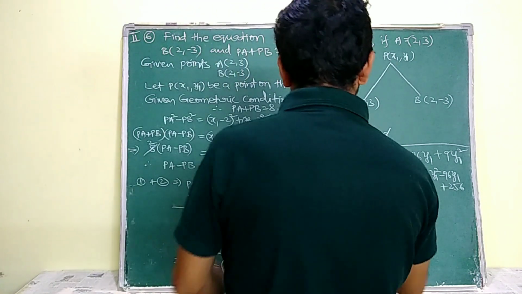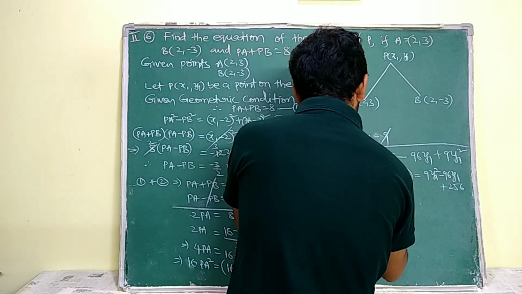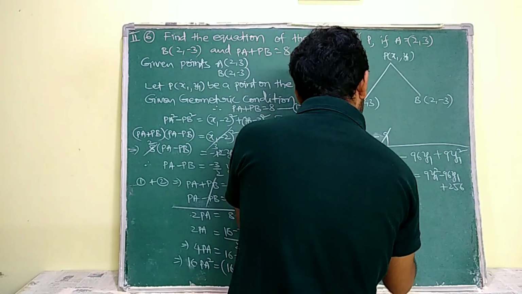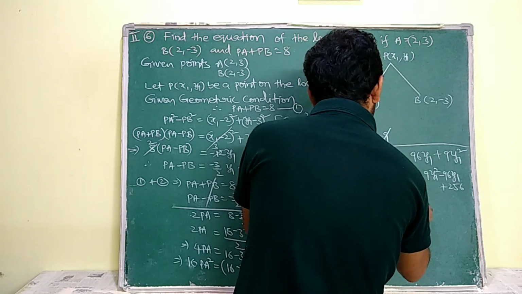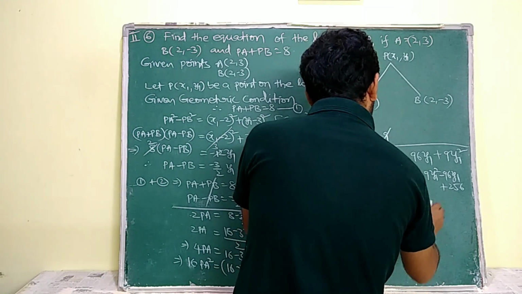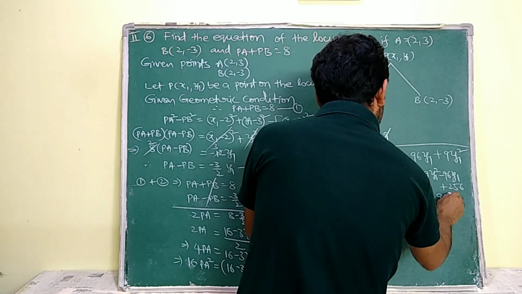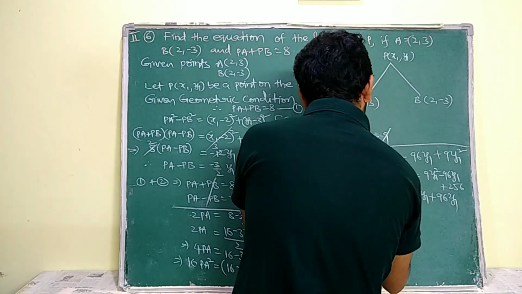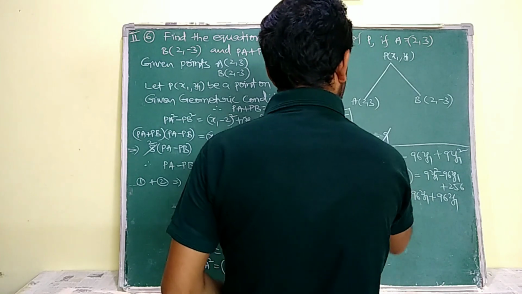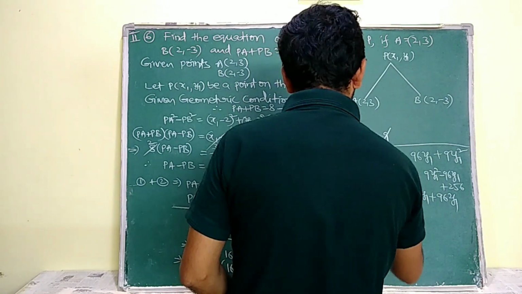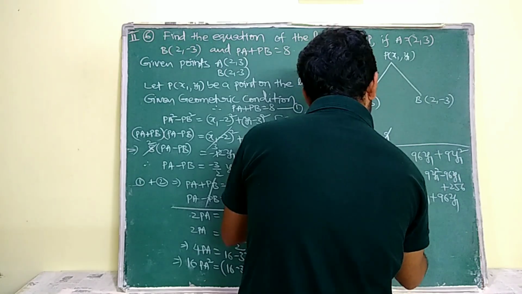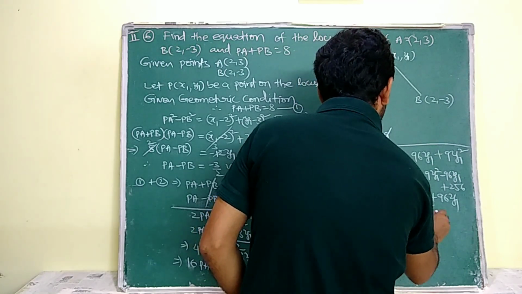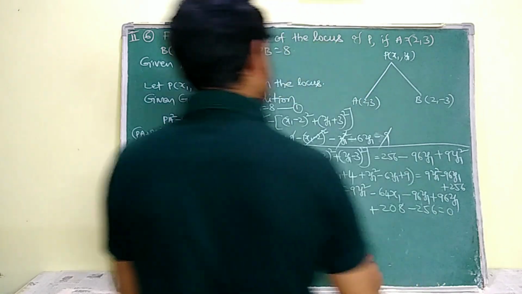And 16 4s are 64x1, minus 16 6s are 96y1, minus of this plus 96y1, and now 4 plus 9 it is 13. 13 into 16 we have to write 208 minus 256 is equal to 0.